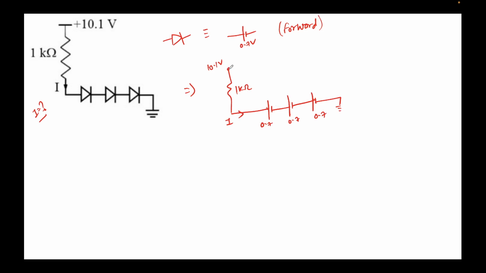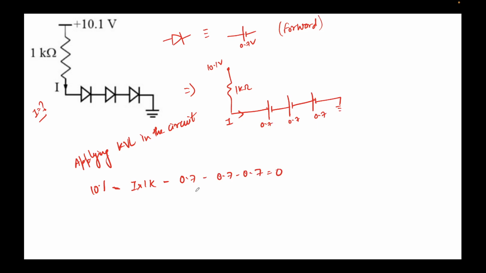Now if we simply apply KVL in this leg of our electronic circuit, I can write: 10.1 minus IR, where the current is I and the resistance is 1K, minus 0.7 minus 0.7 minus 0.7 equals 0.